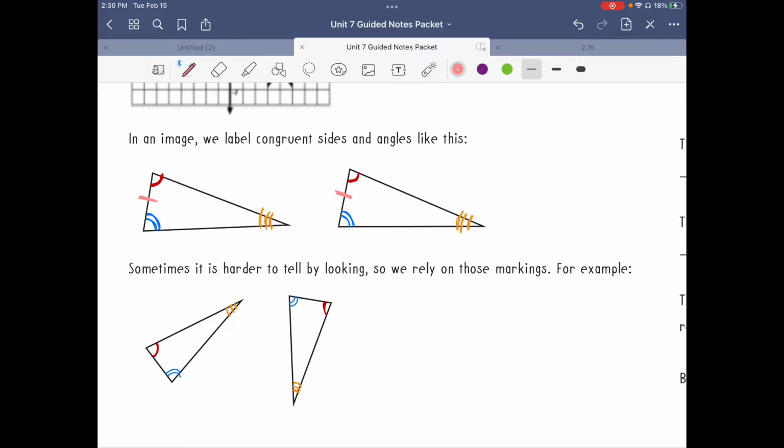Now again, once they've been flipped, it's a little bit harder to tell, so you have to be really careful. How do we know where the pink side should be on these two triangles? Go ahead and see if you can figure it out. The pink side should always be the one that runs between the blue angle and the red angle. That's how we know those are corresponding, because they run between the same angles every time.